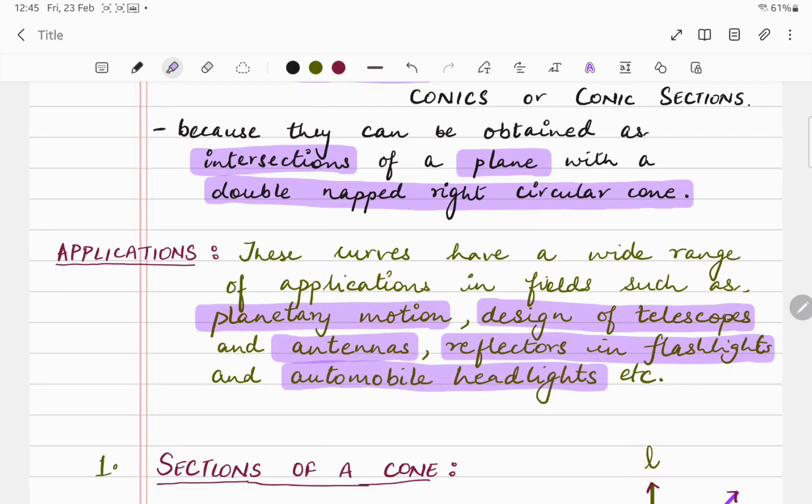If you think about these things, you will see there is a cone somewhere, and there might be some intersections, and that is why they are important. By the end of this video, I'm sure you'll be able to visualize how these conic sections are used in our everyday life.